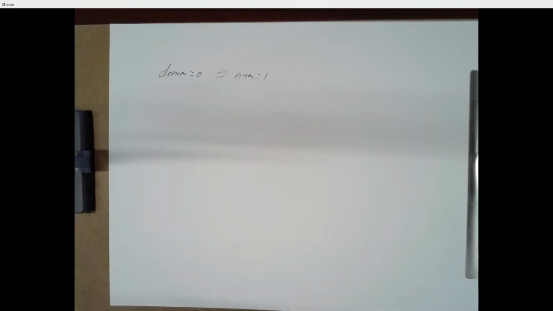So now if you go into your add method, if this.denom is equal to 0, or if the argument.denom is equal to 0, you know your result's going to be undefined. So you just return a new Fraction(1, 0).